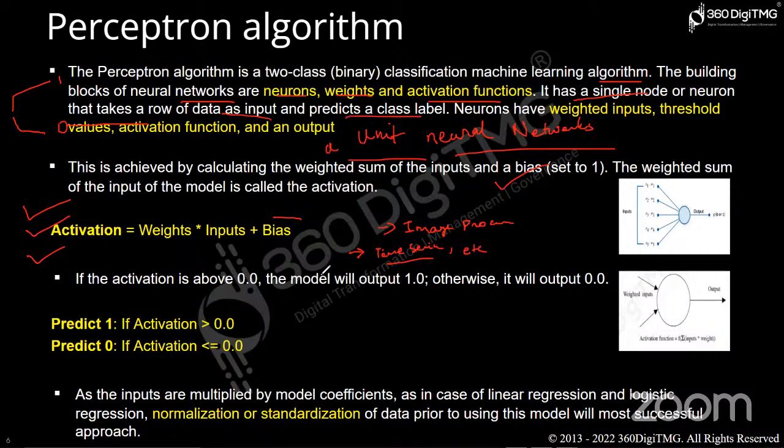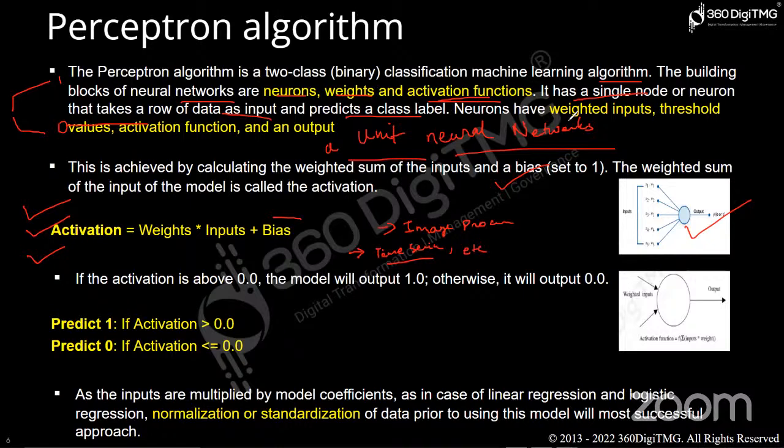So we can say that this is a perceptron in which it takes a bunch of weighted inputs and goes through an activation function to give us an output. It has a single node or neuron that takes a row of data as input and predicts a class label.